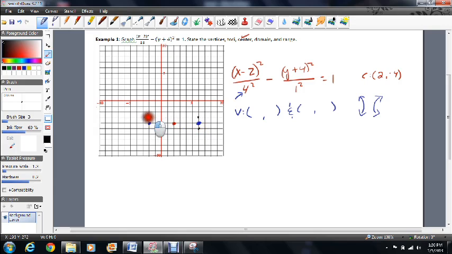Over 4, up 1. Over 4 again, and down 1. This gives us our box. We can connect the box if we'd like to, but really what's important is that we get these diagonals in there. Again, that's going to be our guideline for how fat or skinny, for lack of a better phrase, our hyperbola is.